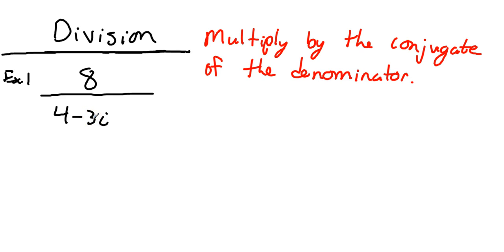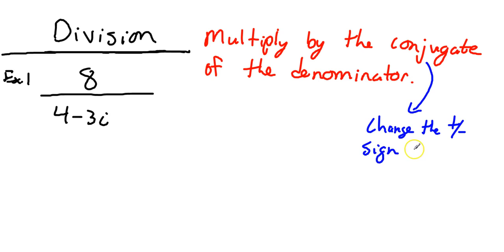What you're going to do is multiply by the conjugate of the denominator. And I know somebody's going, all right, well that's great, but what's the conjugate? I know what the denominator is, but what's the conjugate? The conjugate just means this. You just change the plus or minus sign that is in front of the i term.